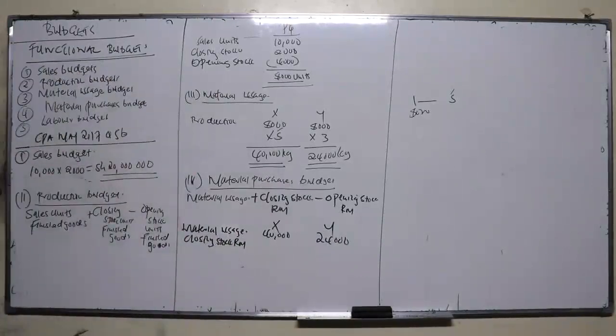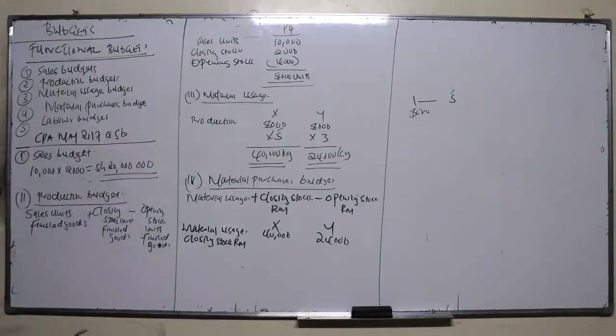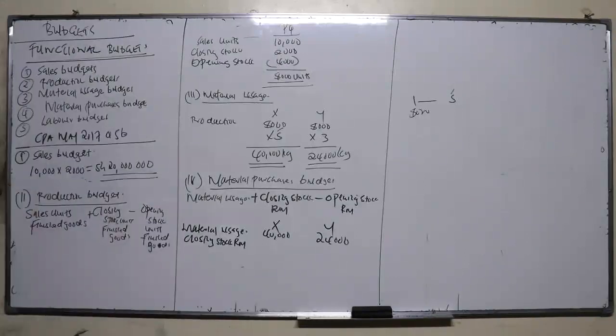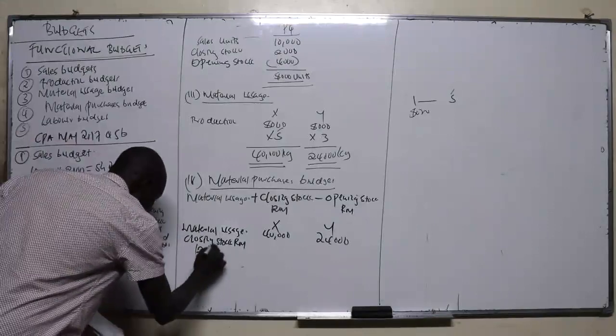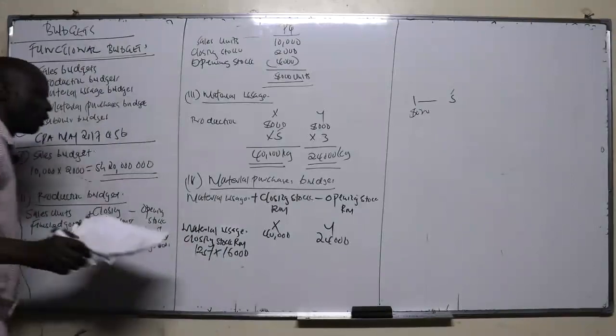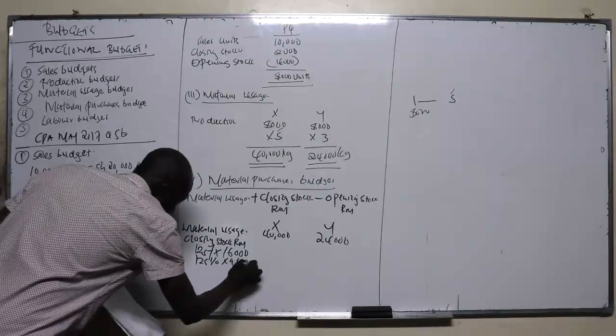We've been told the company intends to increase the closing stock to be equivalent to 125% of the opening, according to note number 6, alongside a reduction of 50% in the quantity of finished goods at the end of the month. So the closing stock of raw material will be equivalent to 125% of the opening stock, isn't it? So closing stock will be 125% of 16,000 for material X and 125% of 9,600 for material Y.